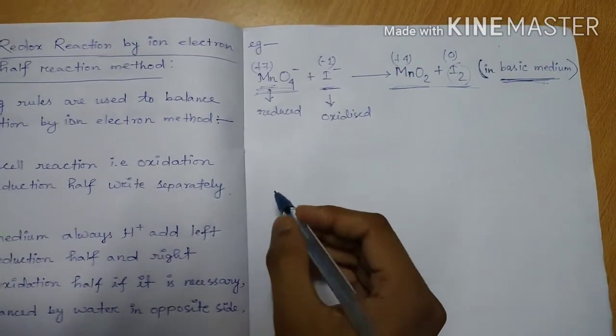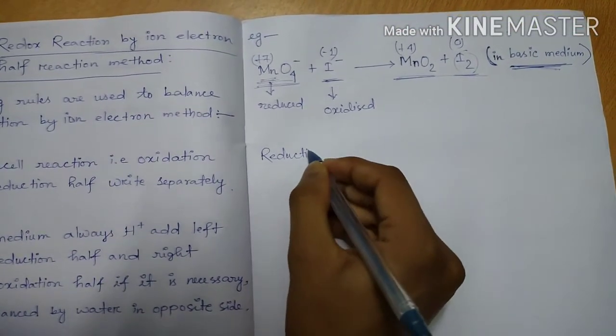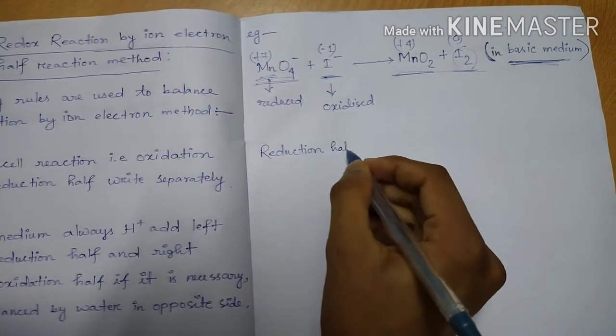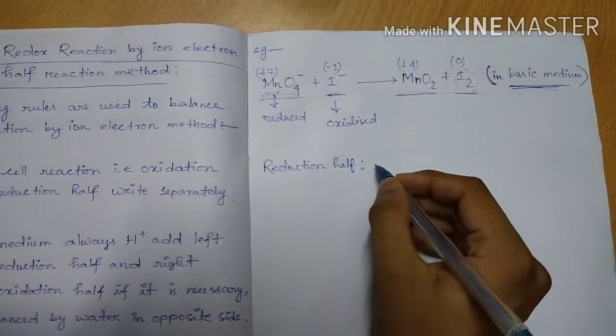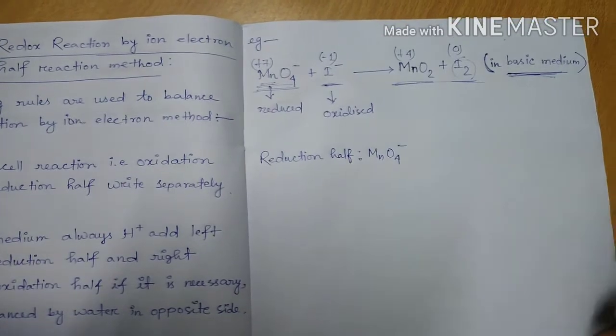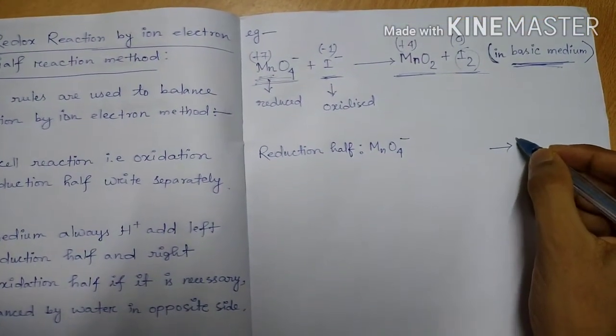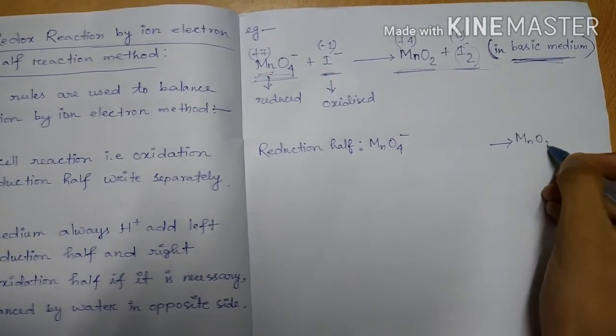So let me write the reduction half. The reduction half is MnO4 negative, and in the product form MnO2.